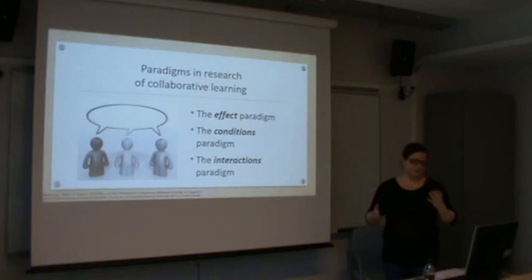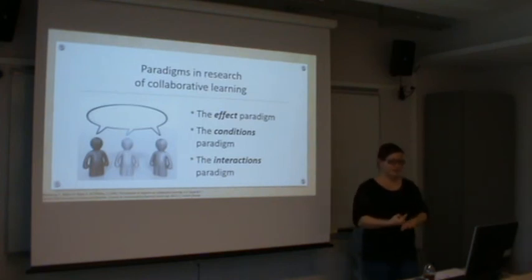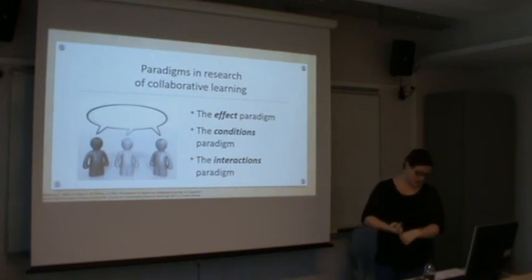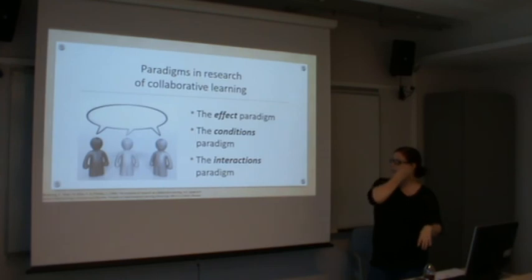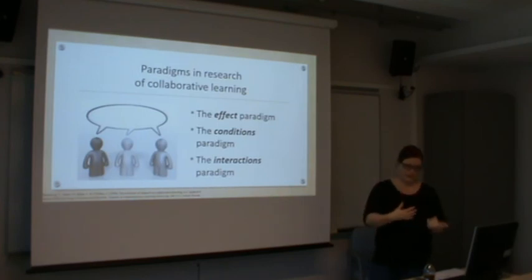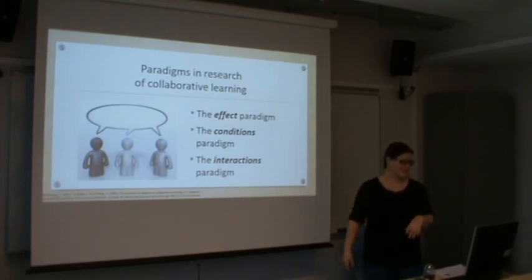In this, the two following questions are what kind of interactions occur under which conditions, and what effects do these interactions have. So the effect is studied in relation to the interaction and to the conditions of the interaction. I don't know if I could explain this really clearly, but maybe you get the main idea.